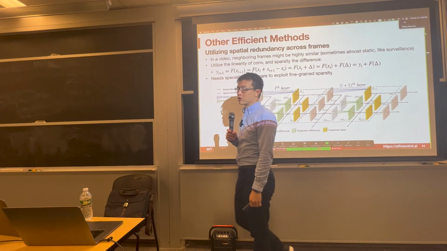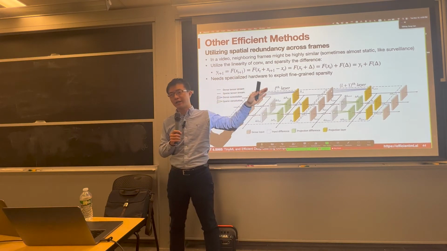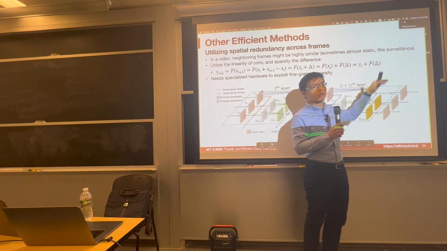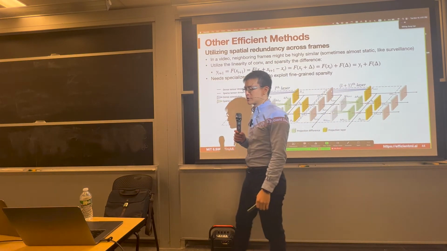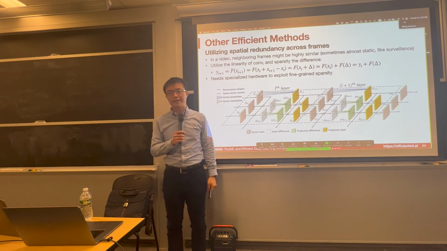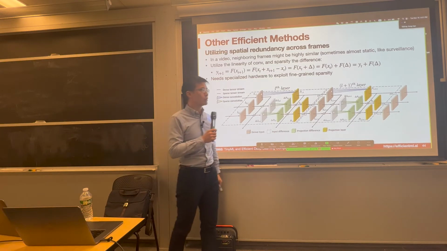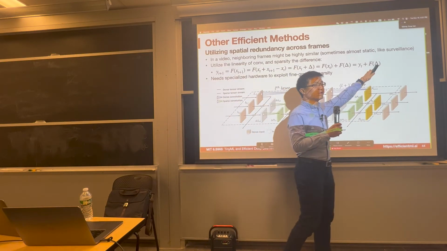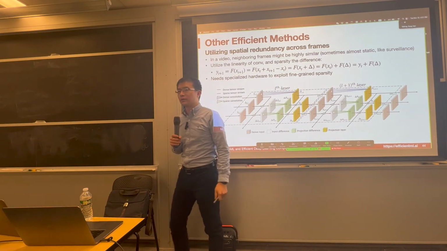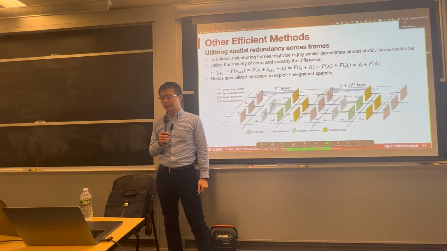Since the change is probably only a few pixels from the previous frame to the next frame, we can have a much smaller theoretical FLOPs to only compute on those pixels that get changed, right? But smartly doing that is very important because this delta might be very sparse. We might have to use sparse convolution to realize those theoretical speedups into measured speedups.